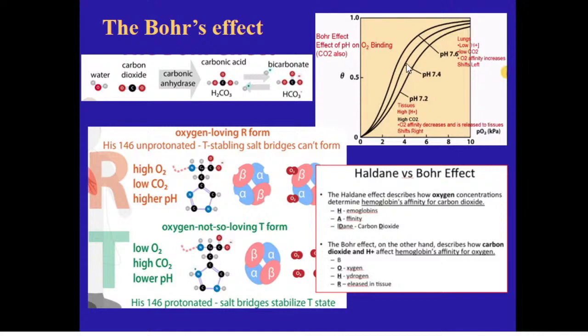This is pH 7.4, and if it is more alkaline, it will shift left, and in lungs we can obtain more oxygen. And when pH is changed, like in tissues, a high concentration of protons, of hydrogen, will cause a shift of this curve to the right. It means a release of oxygen to the tissues. This dependence is named the Bohr effect.